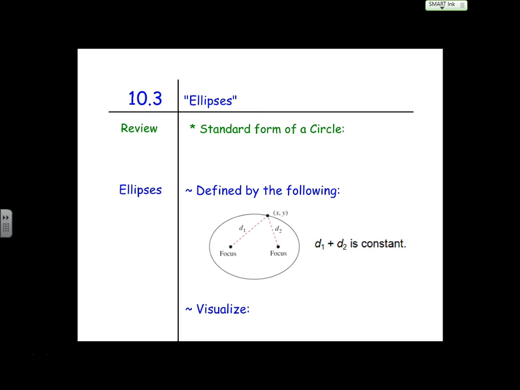Now, what if I make my foci, this is for the blue, way out here? The farther the foci are from the center, the more distorted the ellipse is. What if I was to go vertical on the foci? Any ideas? Does that kind of make sense?